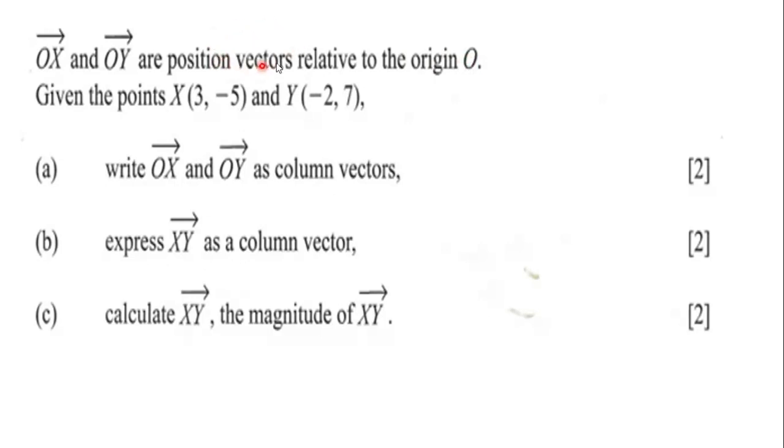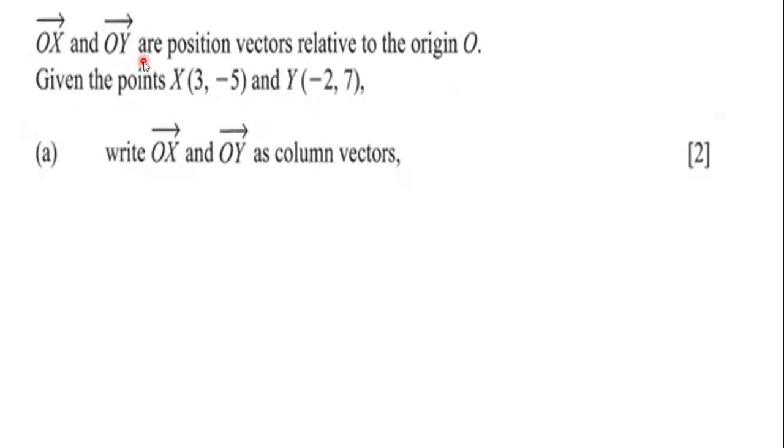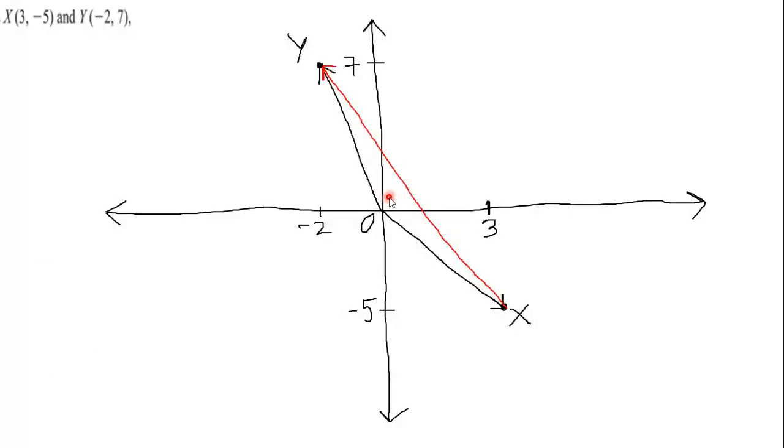Now, when they say that these vectors are position vectors, what that means is that their initial point is at the origin. So here we have the vector OX, and notice that its initial point or its tail is at the origin. And so because of that, we call it a position vector.